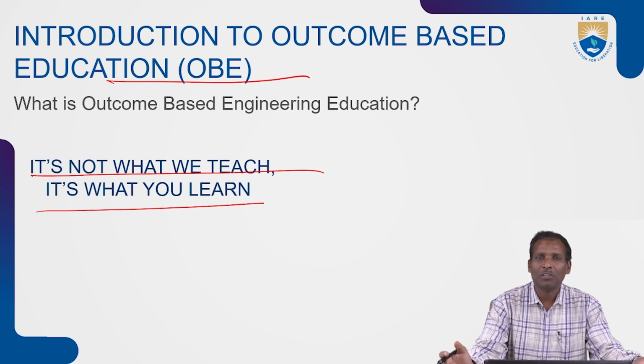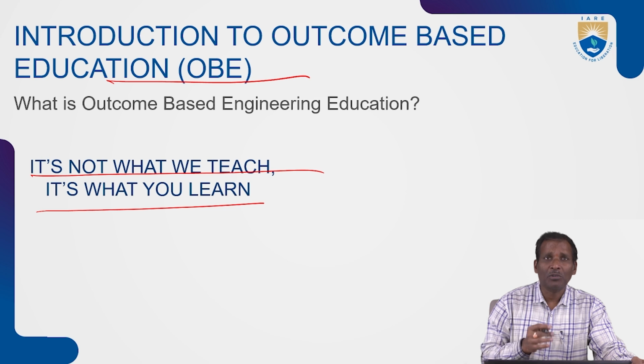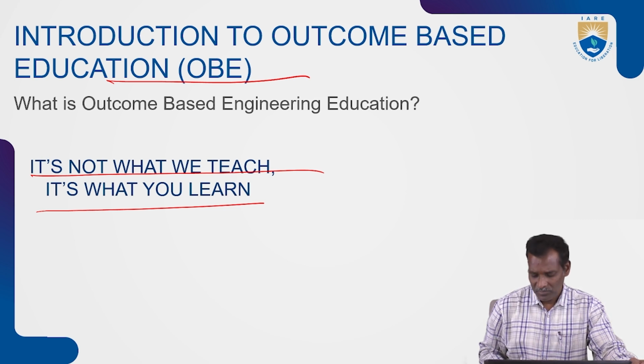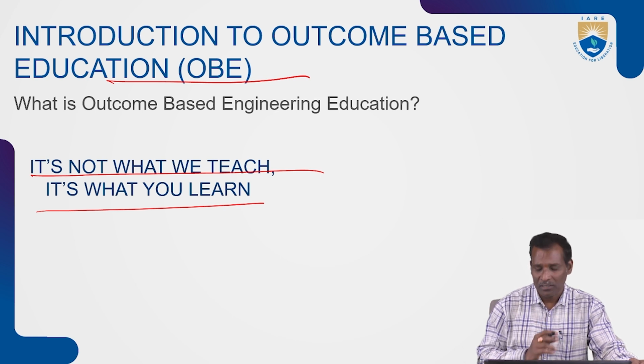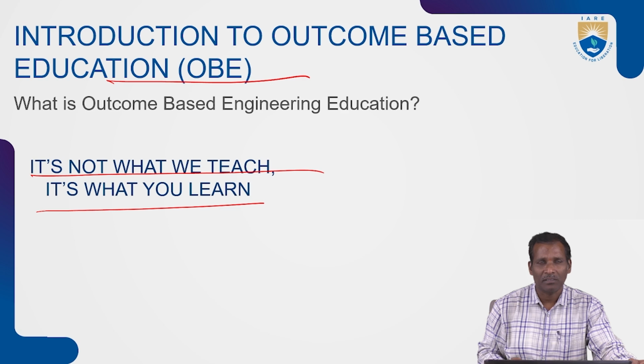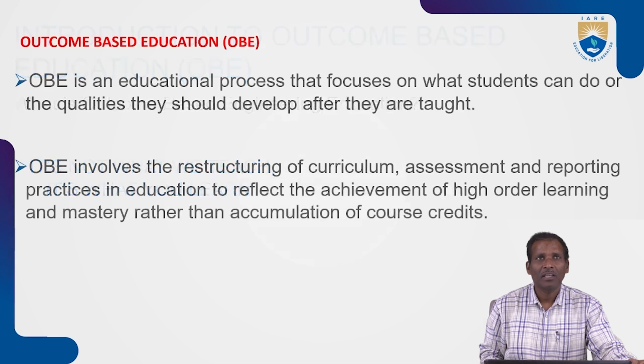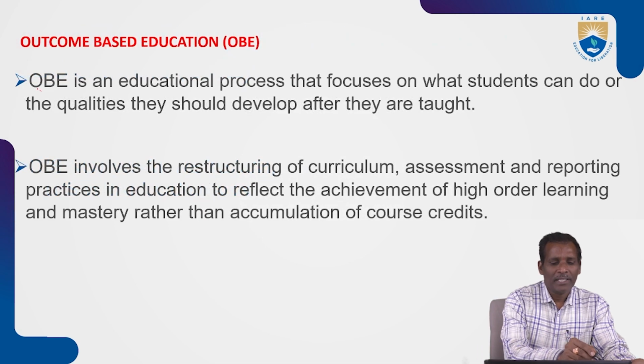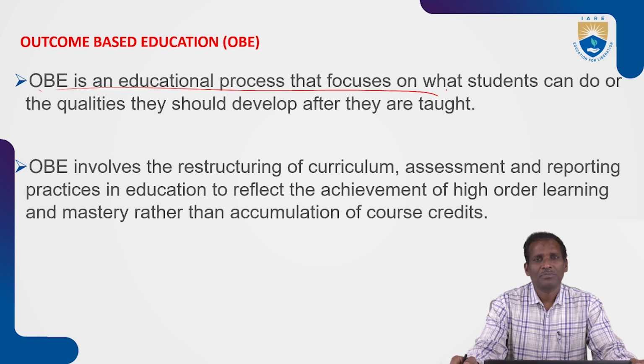Then only the outcome will come out. We will know whether you achieved it or not, that means whether you learned or not. There are various processes in between in this learning process in OBE. OBE is an educational process that focuses on what students can do, or the qualities they should develop after they are taught.